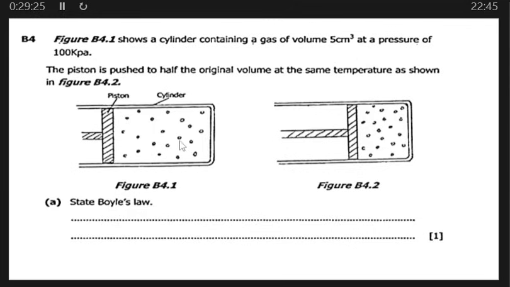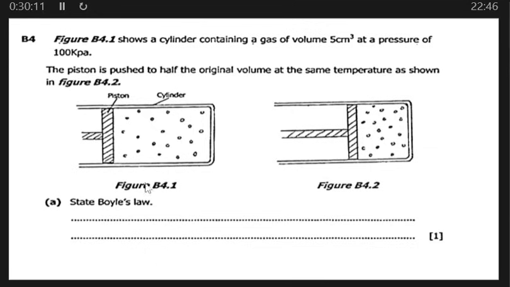So what we are being told here is that we have this figure showing a cylinder containing a gas of volume 5 cubic centimeters. This is figure B4.1, for this condition. The cylinder contains a gas of volume 5 cubic centimeters at a pressure of 100 kilopascal.